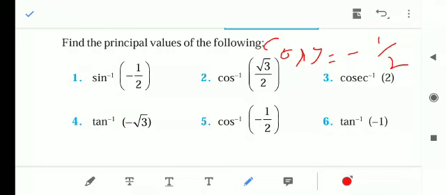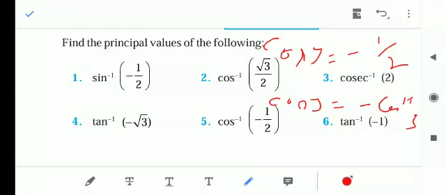Can you recall, in case of cos, which angle has the value 1 by 2? Cos 60 degree is 1 by 2. Cos 60 means cos pi by 3. So we can write cos y equal to minus cos pi by 3.